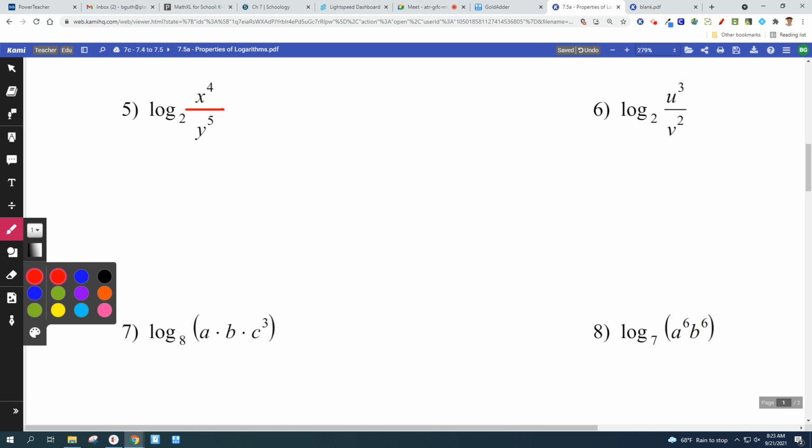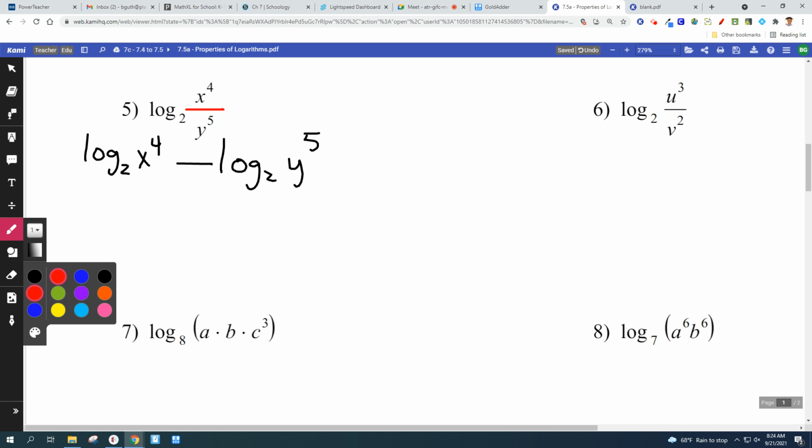So we could call this log base 2. That 2 doesn't really do anything, but you have to put it. You can't just get rid of the log base 2 of x to the 4th minus log base 2 of y to the 5th. That division changes into subtraction.